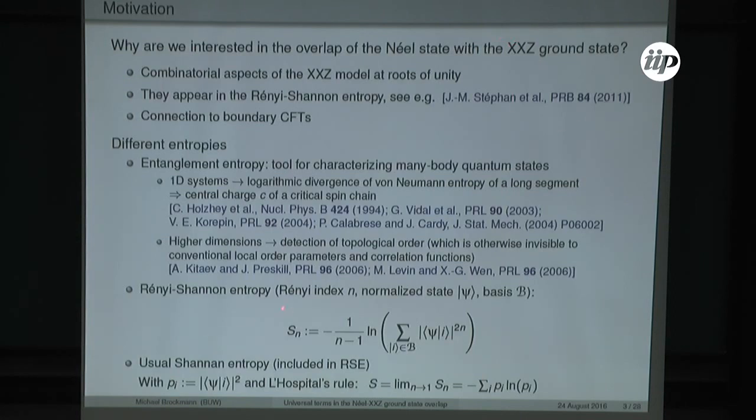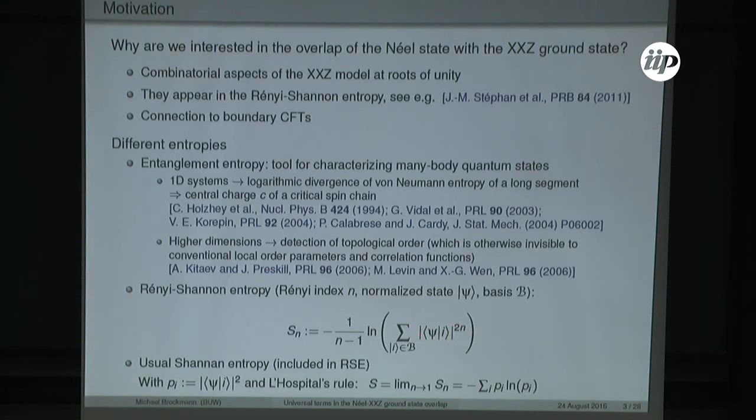There are other entropies from which you get information about the low energy sector of your chain. For example, the Renyi-Shannon entropy, which is defined in this way. It is the logarithm of a sum over a whole basis of your Hilbert space of the overlap squared to the power n.